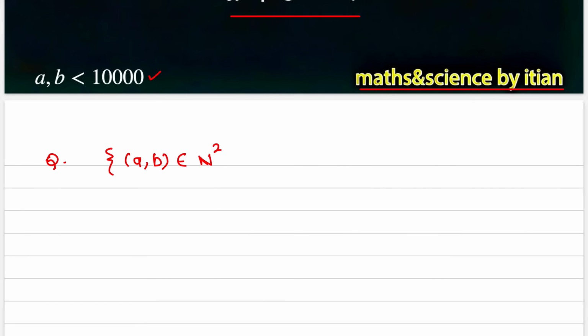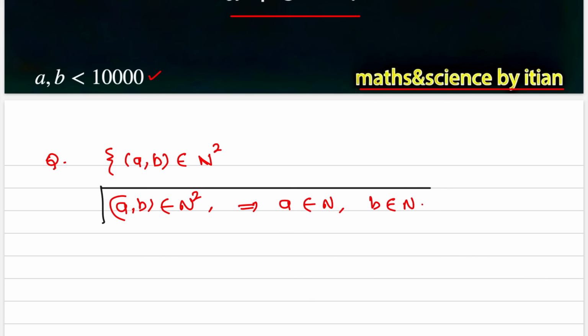N square is written because the pair (A, B) belonging to N square means A belongs to N, set of natural numbers, and B belongs to the set of natural numbers. This is the mathematical notation which you should know. It is not the square of the number.